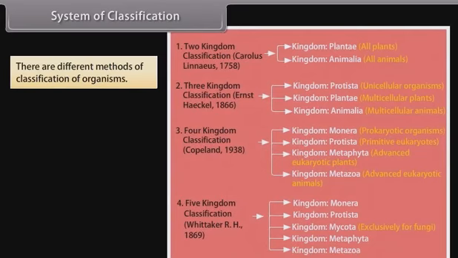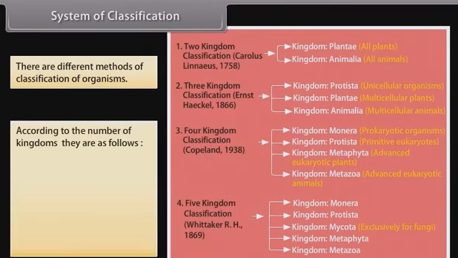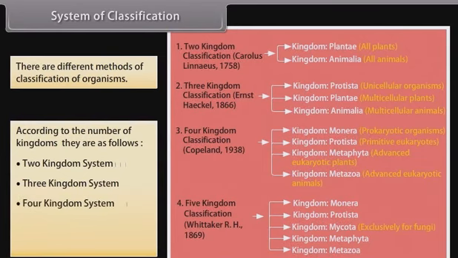System of classification. There are different methods of classification of organisms. According to the number of kingdoms, they are as follows: two-kingdom system, three-kingdom system, four-kingdom system, five-kingdom system, six-kingdom system. Two-kingdom system of classification.